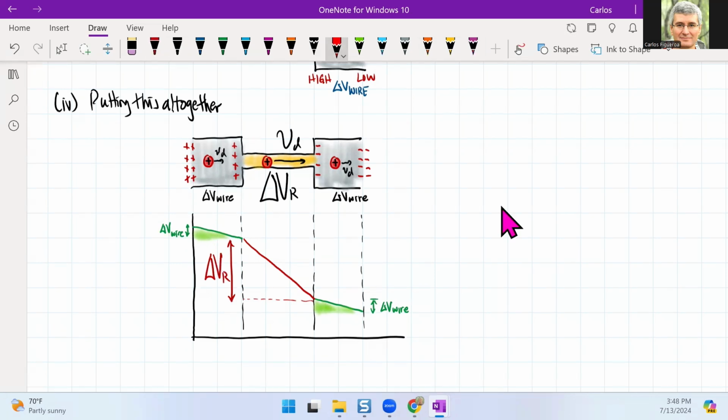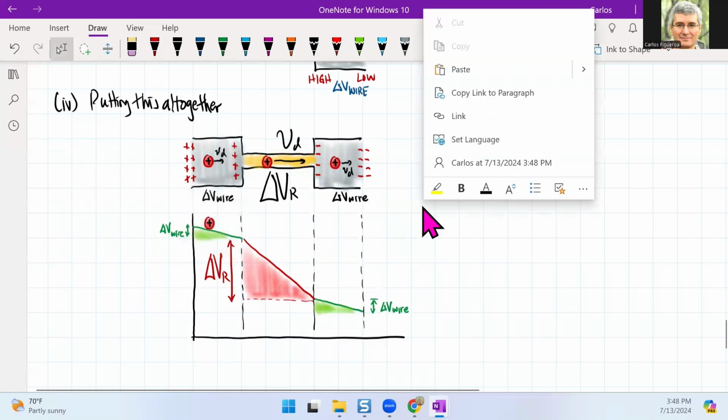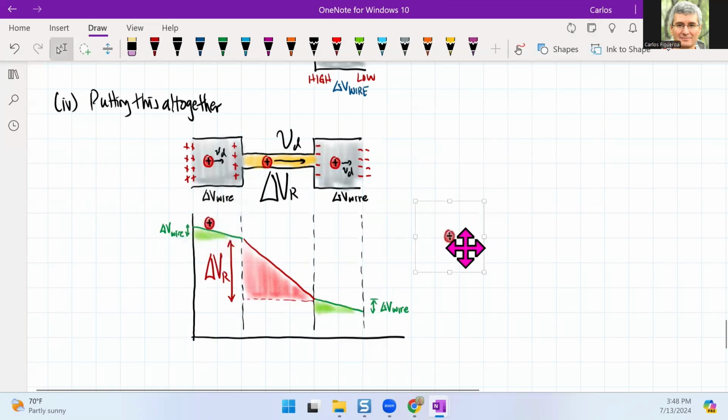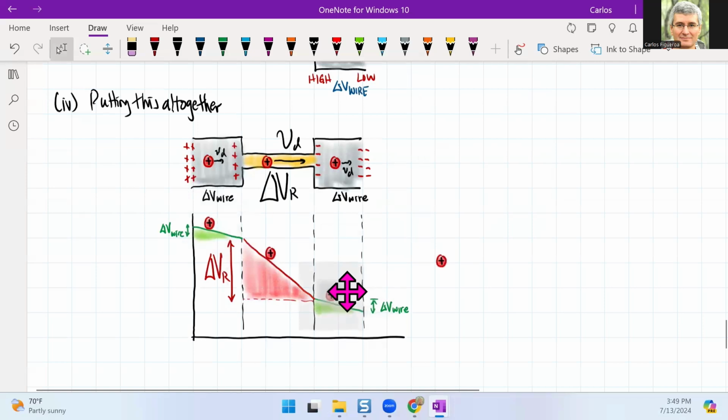So when I go and I look at the drift velocities, let me see if I still have that little charge. I do. So now look at that. I can place one here, here, and then finally here. So what do I see?